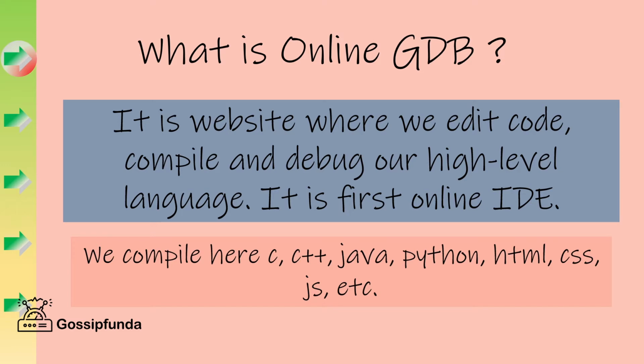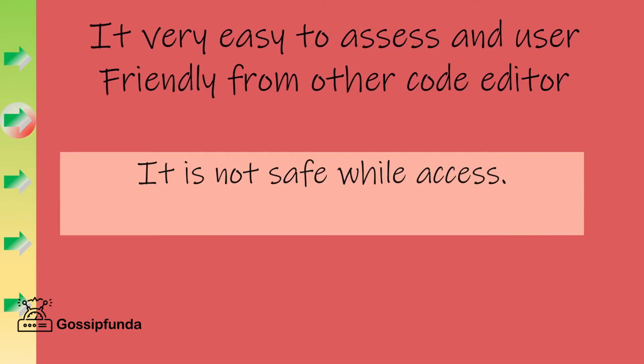It is a website where we can compile and edit our code. It is very easy to access and more user friendly than other code editors. We will see in our practical. But it is not safe while you access your code.